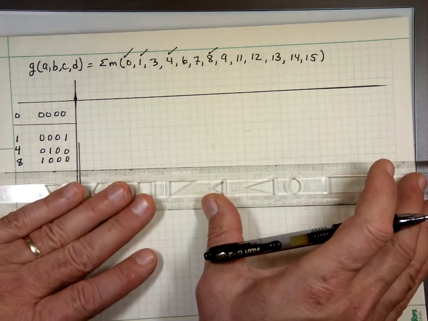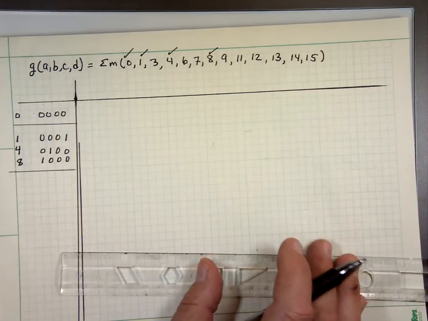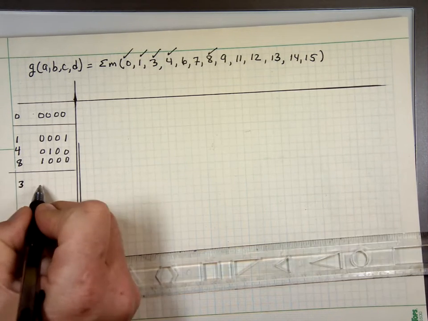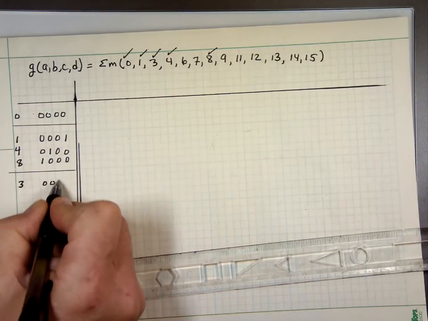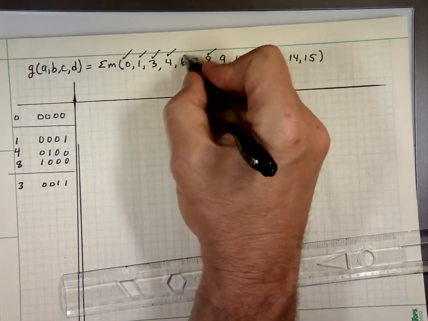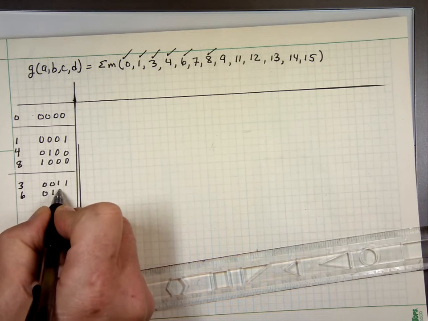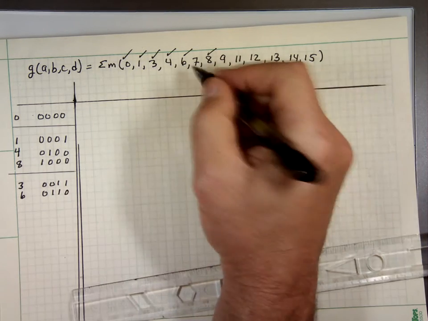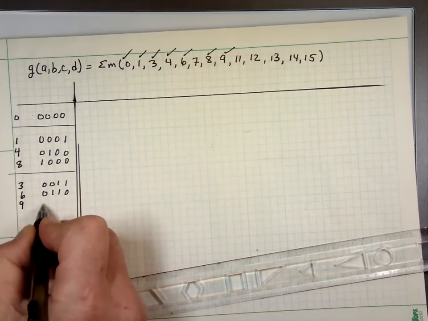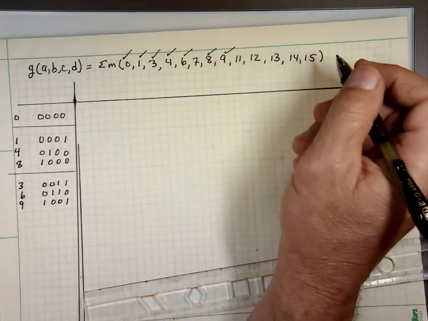Let's see 2 ones. How about a 3? Does 3 have 2 ones? That's 0, 0, 1, 1. 6 is 4 and 2: 0, 1, 1, 0. 9 is 8 and 1: 1, 0, 0, 1. 11?